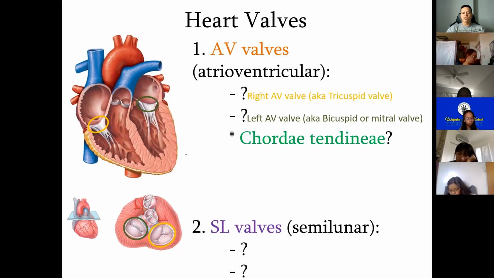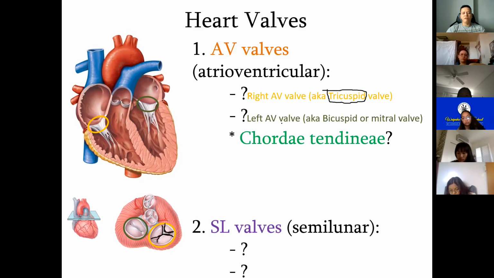Now, again, as I mentioned in the lecture, these AV valves can also go by another name. The right AV is also known as the tricuspid because it has 3 cusps, or 3 flaps right here that make up the opening of the valve.